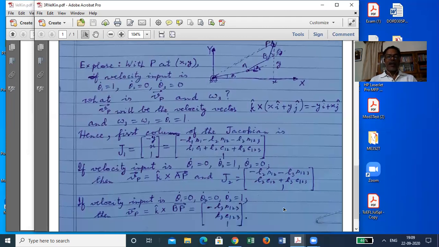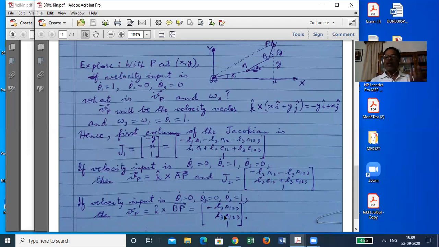And then in the third case, you give joint motions as 0, 0 and unit here. That means from here to here does not move, and this last link rotates about point P. So here the linear velocity will be K cross BP, and that means only this fellow's x and y components get into the position vector, and its minus y and x will come here only.